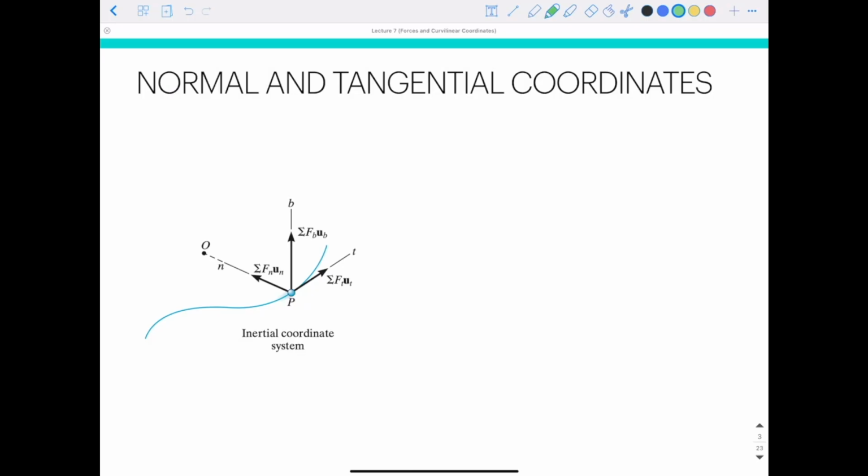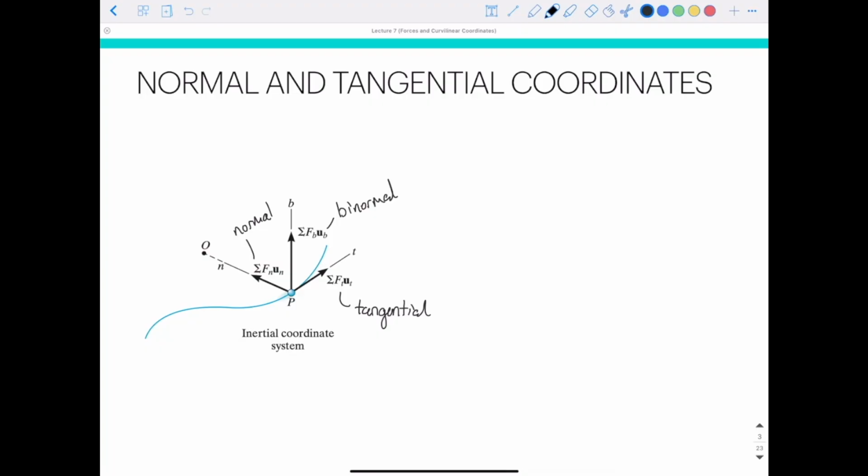So here we have our tangential, normal, and binormal.